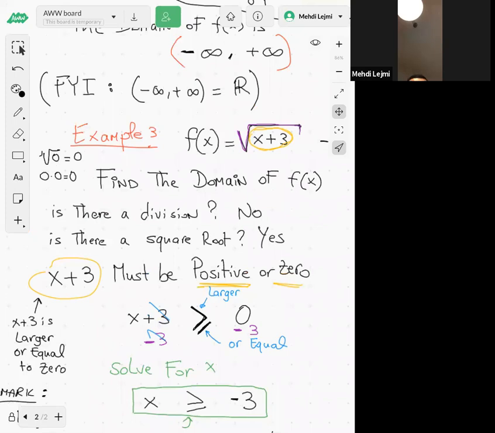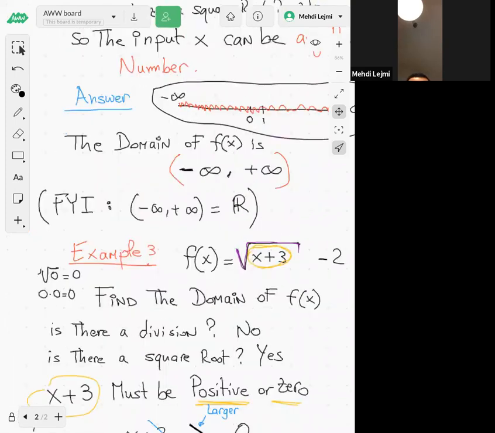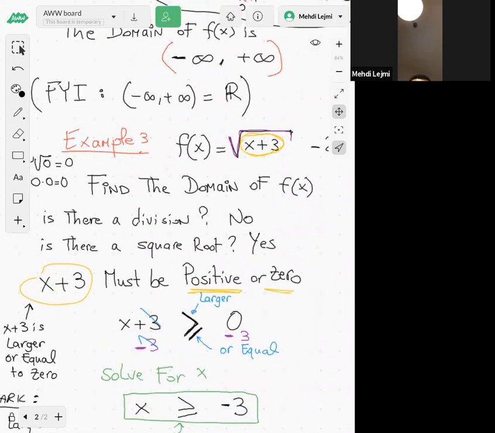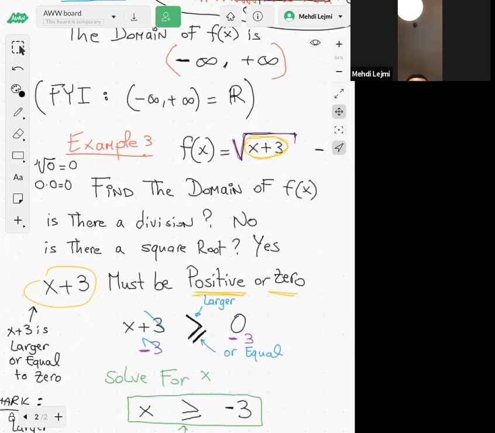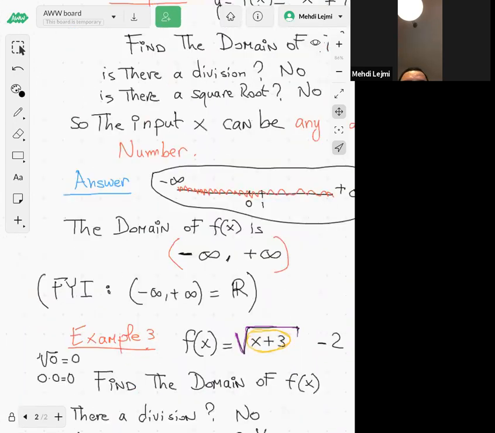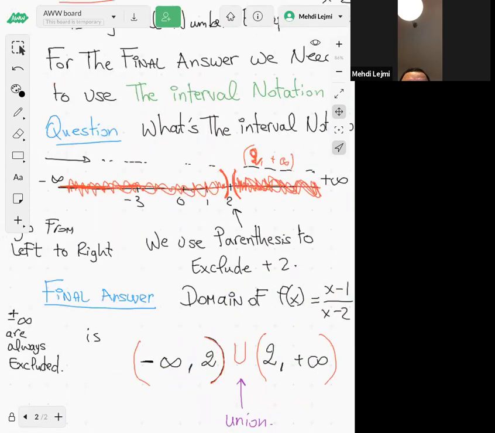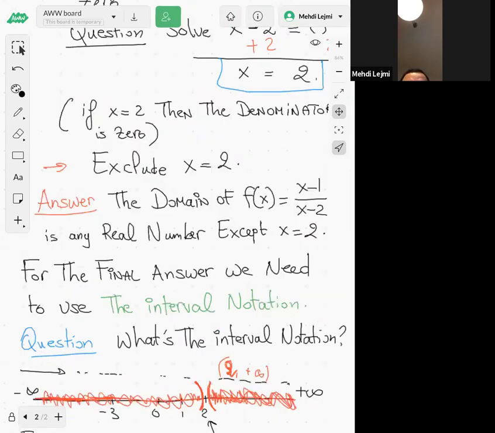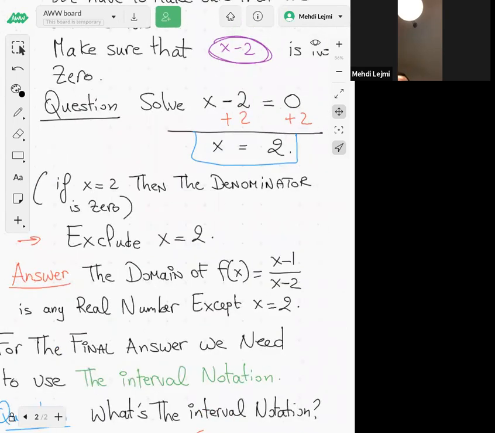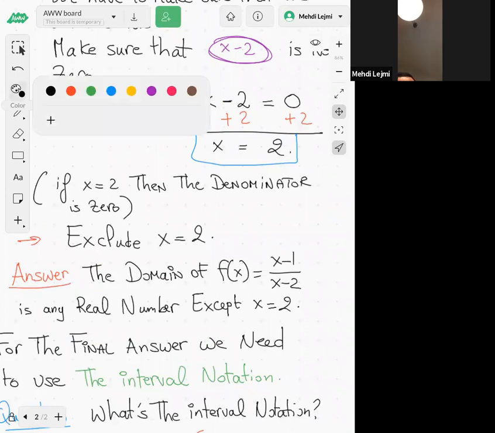So just to clarify things, guys, there are two things you have to check. When there is a division, we have to solve an equation. Like in the first example, we had division by x minus 2, and so we had to solve x minus 2 equal to 0.